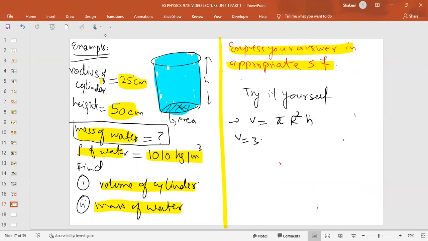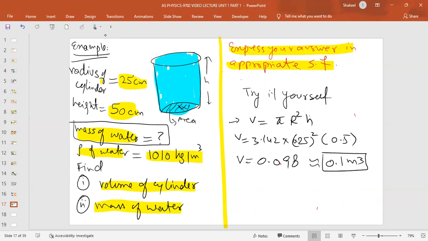So just fill in all the values over here, 0.25 square and 0.5. So you will get the value of the volume, which is 0.098. So you can write it 0.1 meter cube.